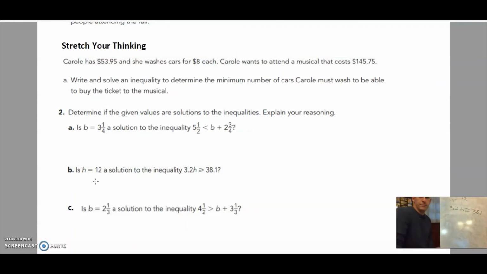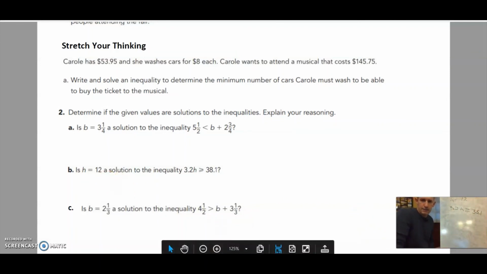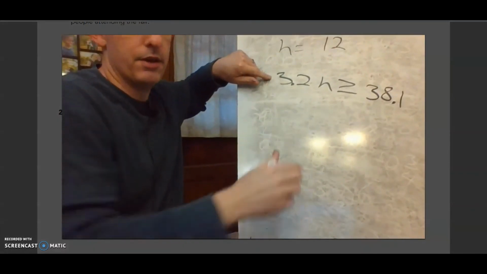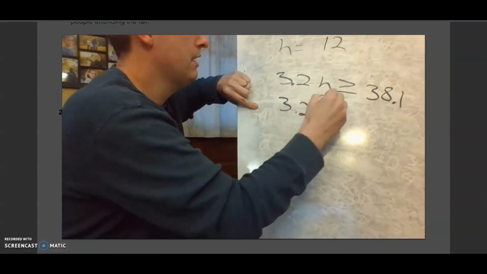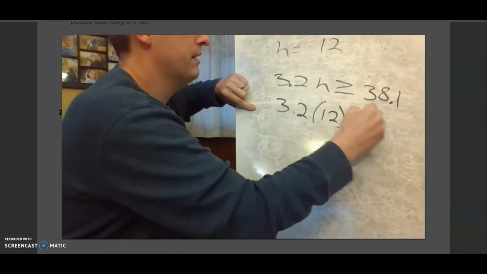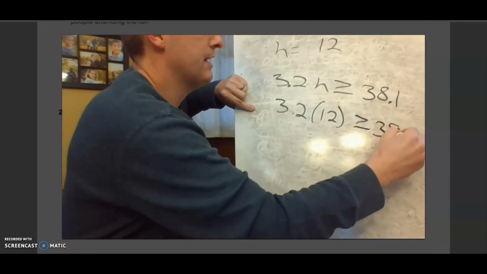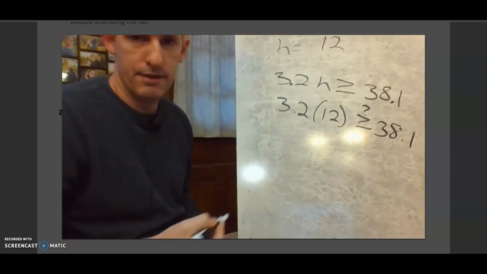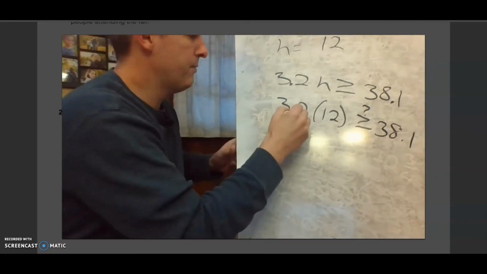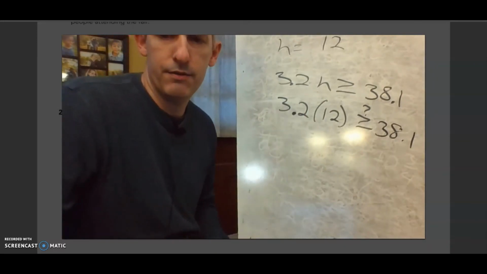Again, what we need to do is substitute. I'm going to put 12 in for h. Remember, a number next to a variable means multiply. So we're going to take 3.2, multiply that by 12, and see if this is a true statement.